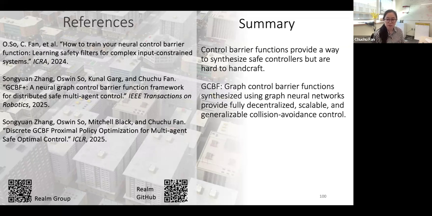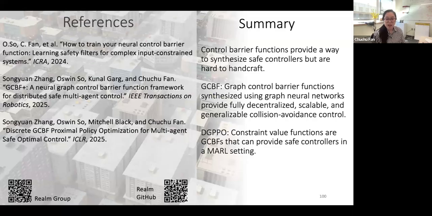For multi-agent systems, we have introduced this idea of GCBF to help us synthesize fully distributed, decentralized, scalable, and generalizable collision avoidance safe controllers. And these GCBFs and policies are both learned as GNNs. And then in the second part, I introduced that the constraint value function itself is a valid GCBF.